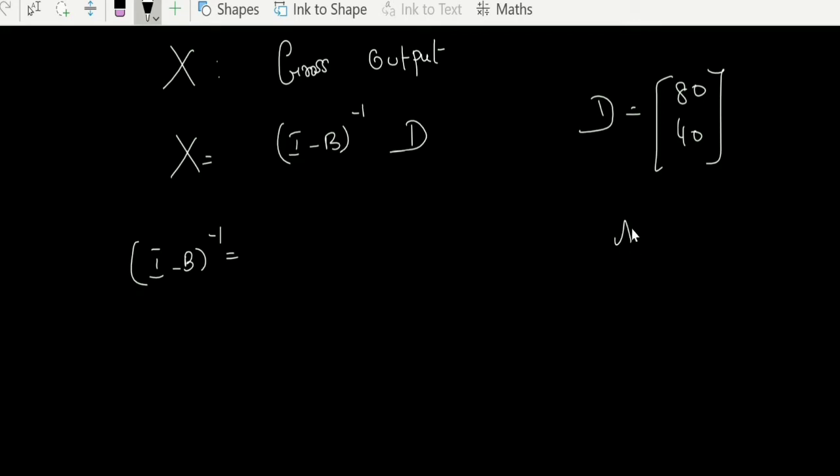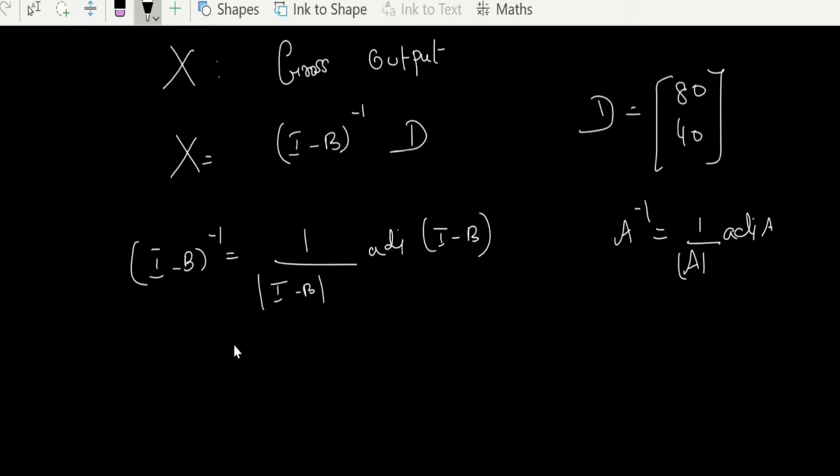A inverse is 1 by determinant of A into adjoint of A. So 1 by I minus B determinant into adjoint of I minus B. That is 1 by, we already found the determinant as 37 by 72. That is the reciprocal of this we have right here.